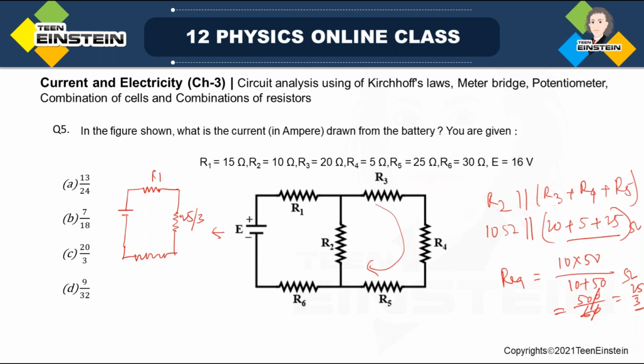And this is R1, and this is R6, and this is the equivalent one, and this is the battery with plus and minus. Now see, all of these are in series with the battery. In this case the battery value is given as 16 or 15. I think it is 15 volt.